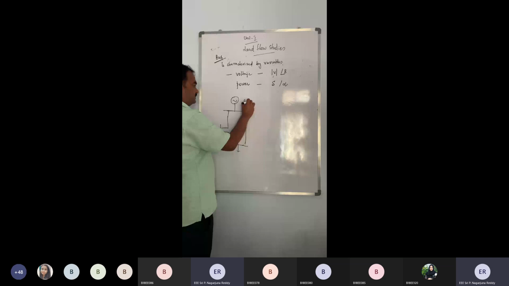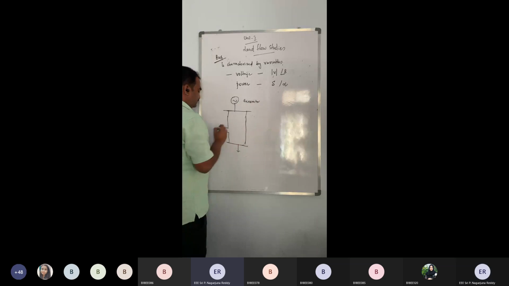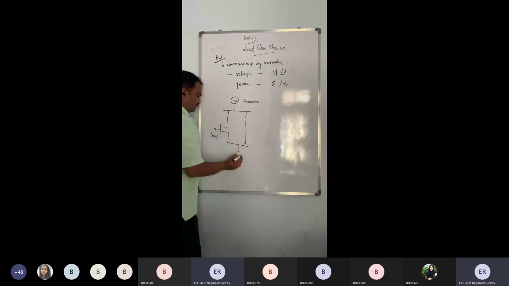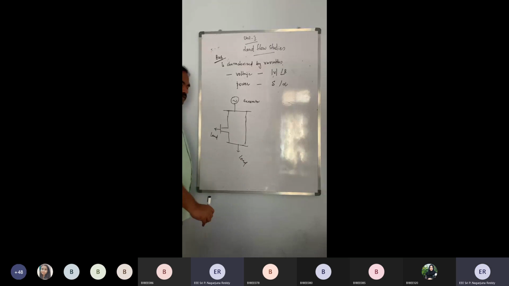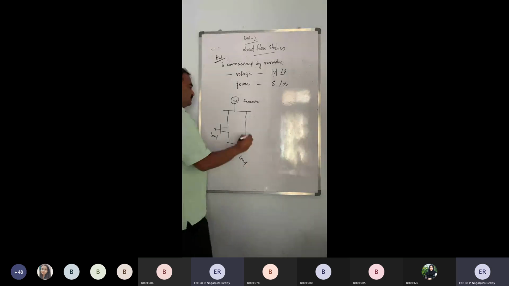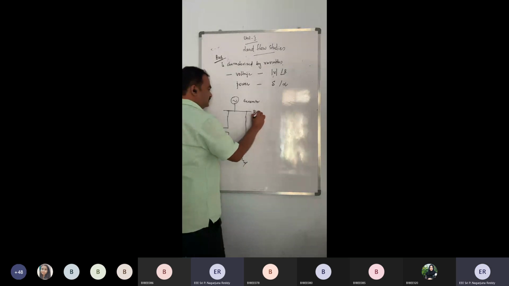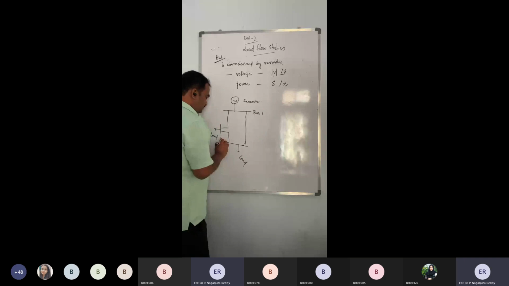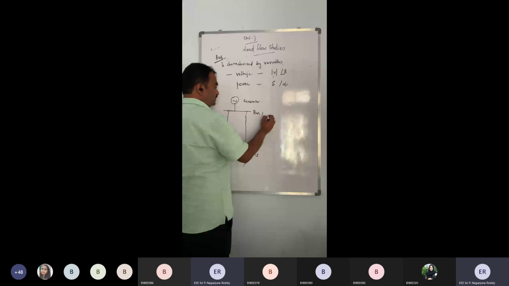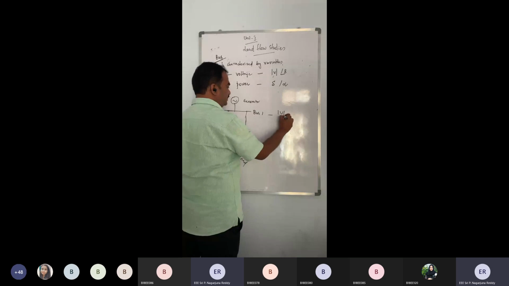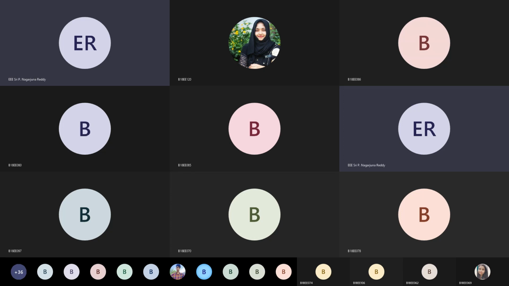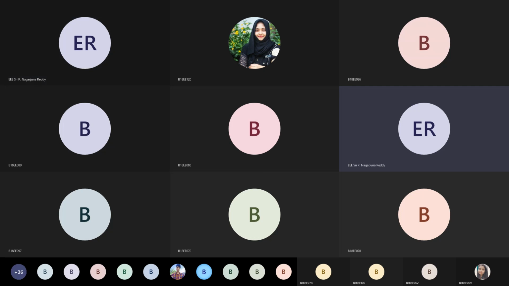As already said, this is a generator, and this is a load, and this is a load, and this is a load. Let us suppose this is bus number 1, this is bus number 2, this is bus number 3, and each bus is characterized by mod V, delta, P, and Q.